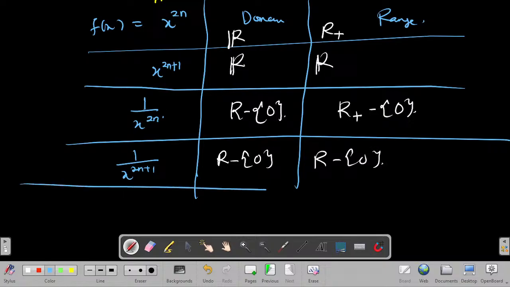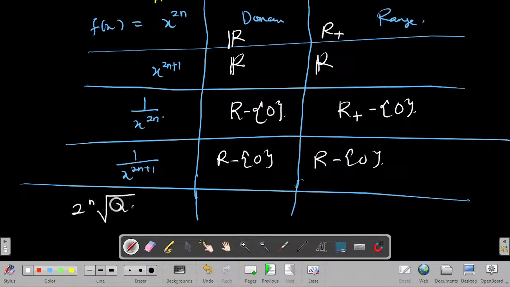Let's try one radical, and one radical will give us the 2nth root of x. So when I have the 2nth root of x, which is also the same as x to the power 1 over 2n, you can see that here what will be the set of our domain. You should be very technical.